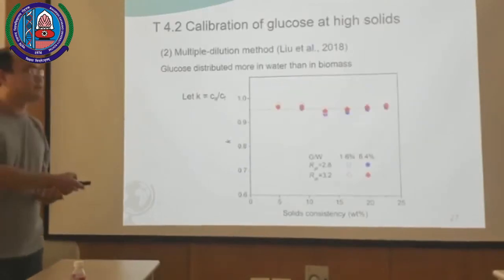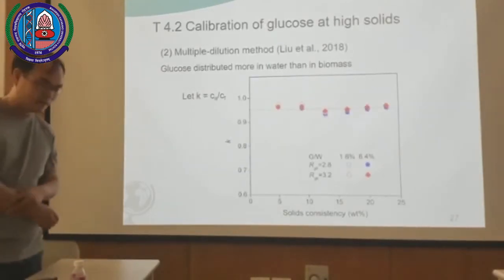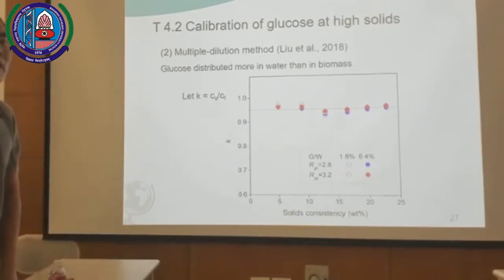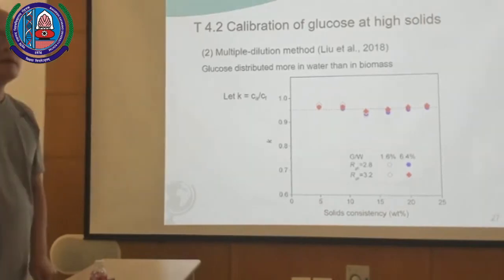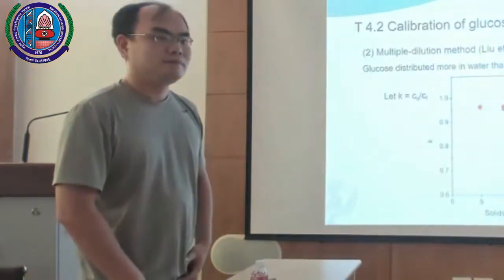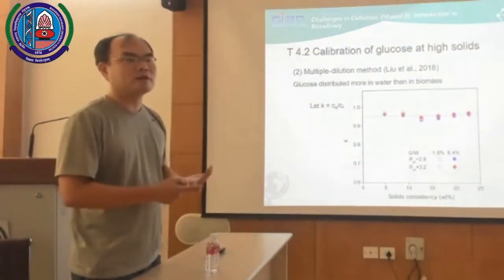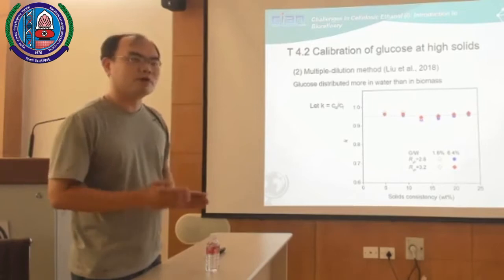So do you have any questions about these two methods? This method is applicable for both volatile and non-volatile types of solvent, water and ethanol. Ethanol is volatile. For water it is okay. For ethanol it is also okay. For the fermentation process it is also okay.